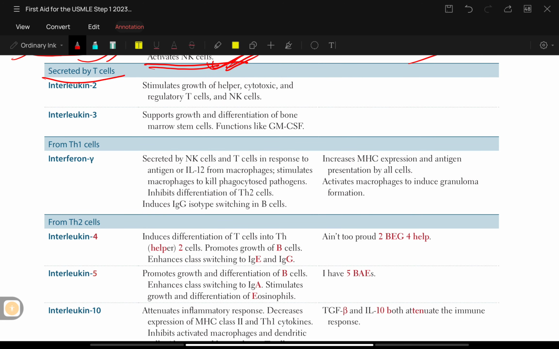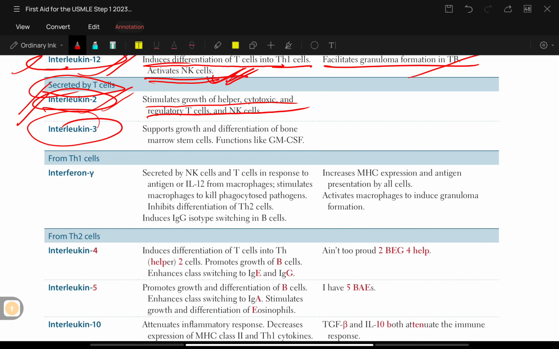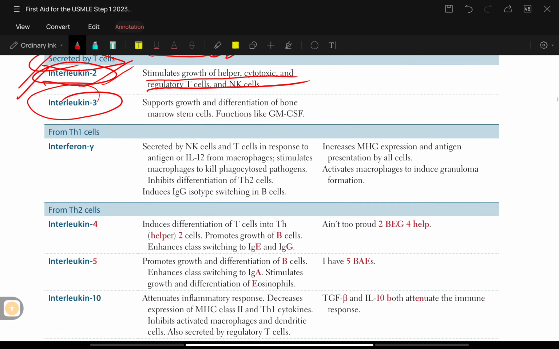Now interleukins secreted by T cells are interleukin 2 and interleukin 3. Interleukin 2 stimulates growth of helper, cytotoxic and regulatory T cells and NK cells.